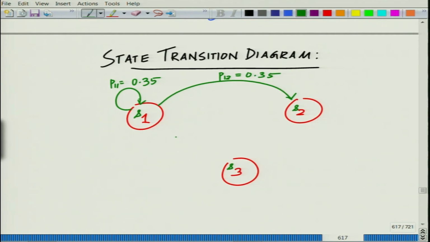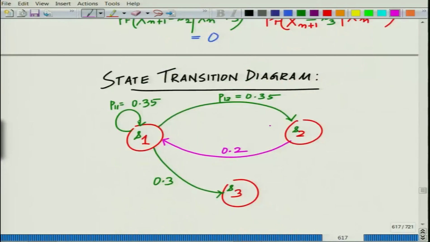S1 to S3, this is P13, equal to 0.3. Now, S2 to S1, this is P21, I believe this is 0.2. S2 to S2 is P22, this is 0.7, and finally S2 to S3 is P23, this is 0.1.